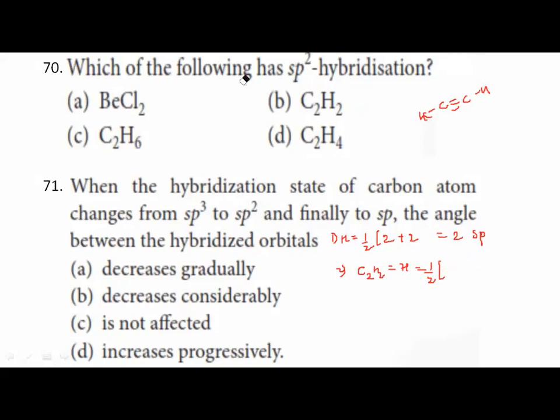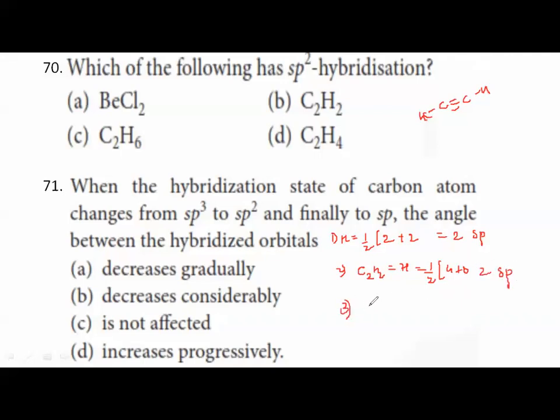Carbon valence electrons are 4, plus 1 for the hydrogen, and it is also bonded to carbon through a triple bond. Give me a minute. So for C2H2, it comes out to 2, and again the hybridization becomes sp.